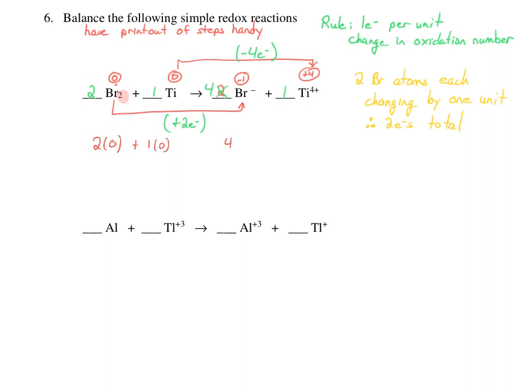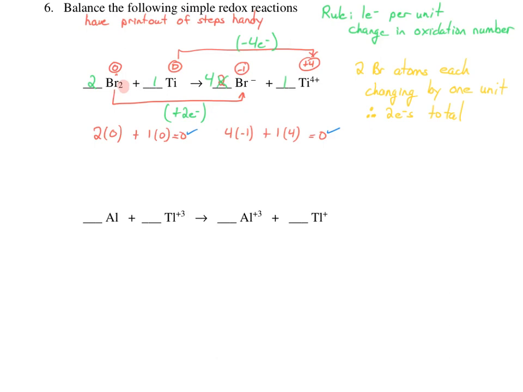On the product side, we have 4 bromides, each of which is -1, and we have 1 titanium that's +4. So each side of the equation has a net charge of 0. We're balanced for mass, we're balanced for charge, we're done.